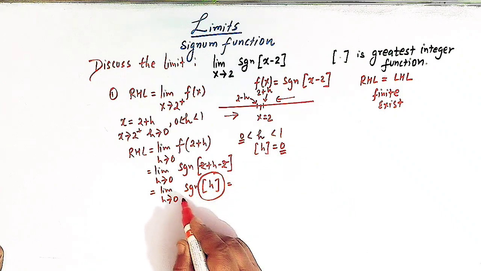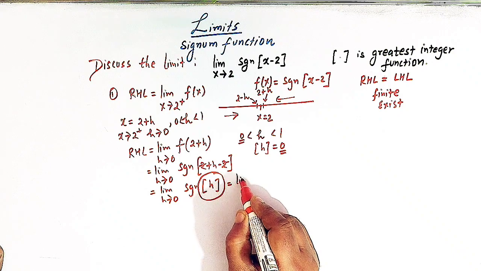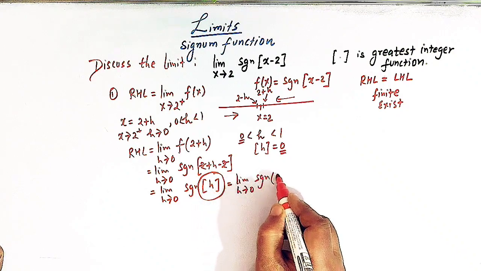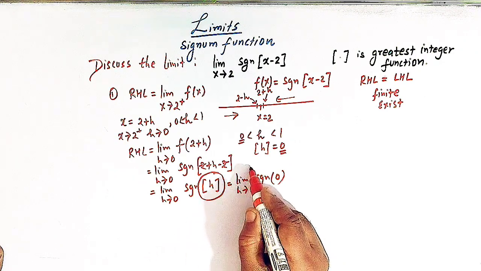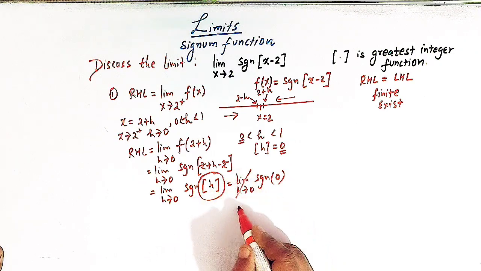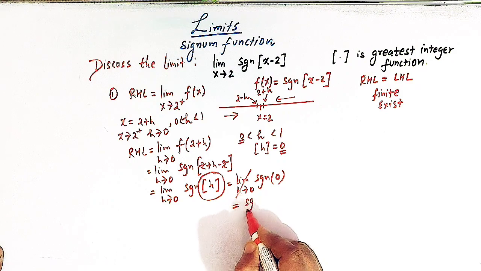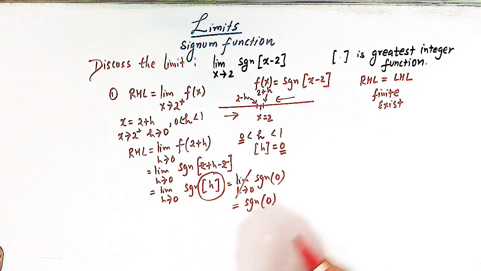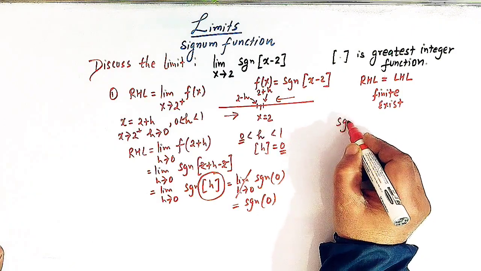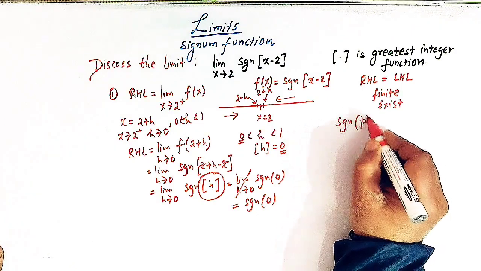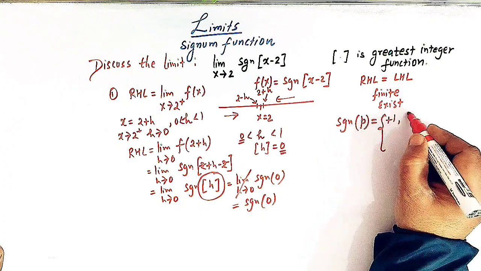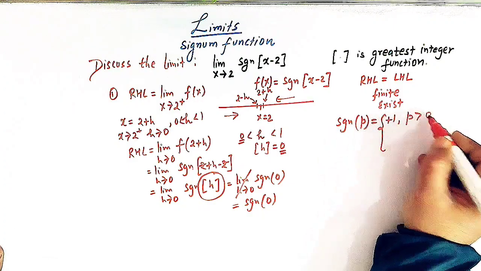So now we have limit h tends to 0, and we have signum of 0, right? So now we can omit this limit sign here, so we can simply write signum of 0, and we know the definition of signum function, that is signum of p is defined as plus 1 whenever p is greater than 0.